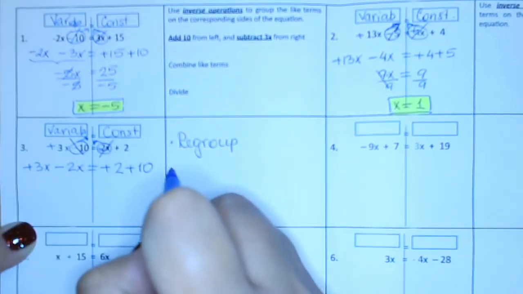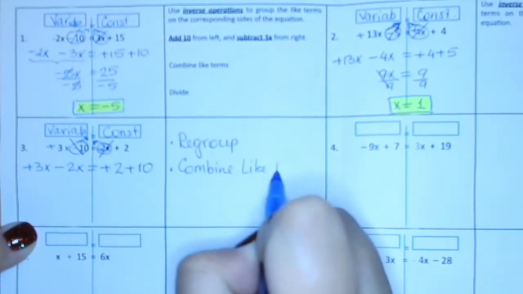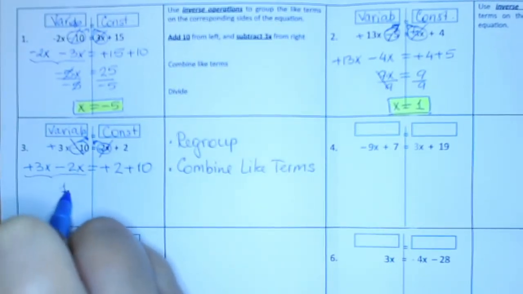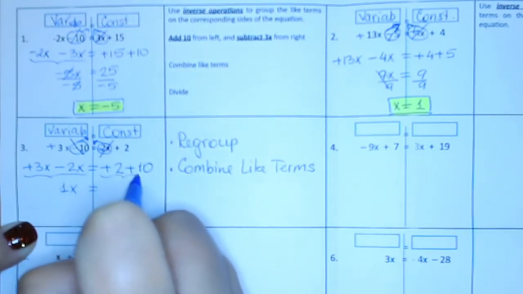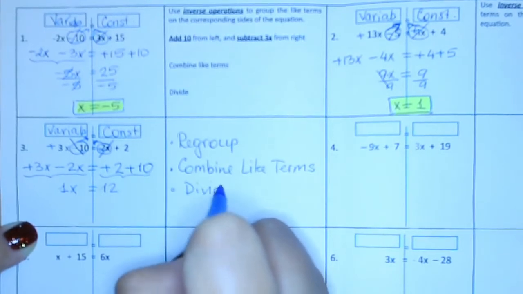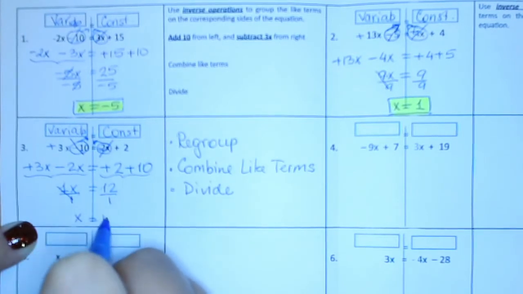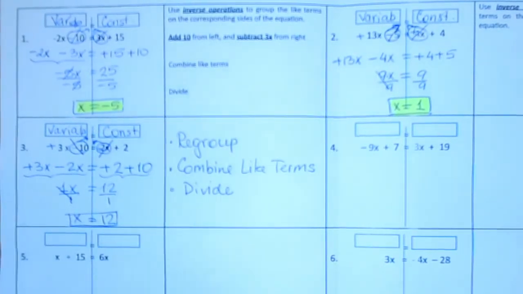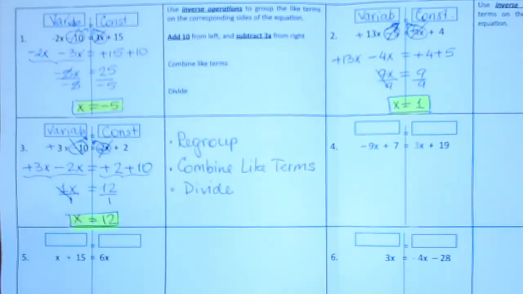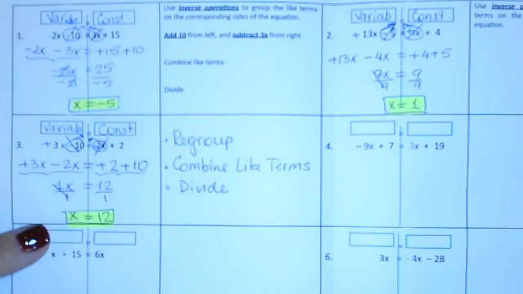Then combine like terms. Different sign, subtract. 1x equals same sign and 12. Divide. X equals 12. So our steps will be: decide what side you want the variable to be, regroup, combine like terms, and then divide.